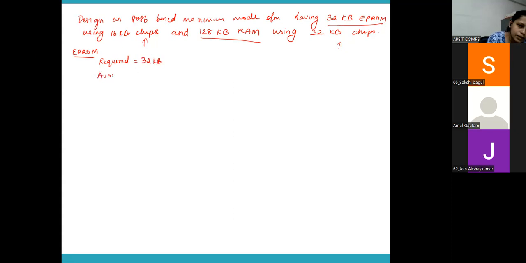How much is available for ROM, that is EEPROM? 16 KB is available. Now you tell me how many chips will I require? 2, right? Because your requirement is 32 KB and your availability is 16 KB, you will require 2 16 KB chips to implement this 32 KB EEPROM. This is how you have to estimate the number of chips.